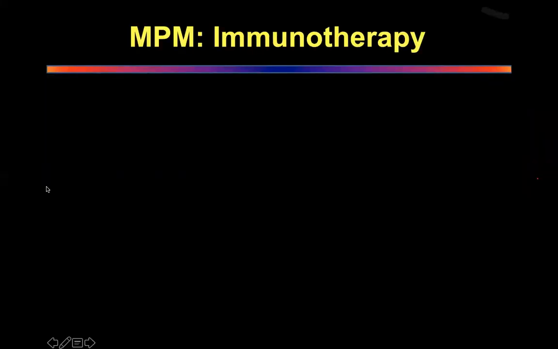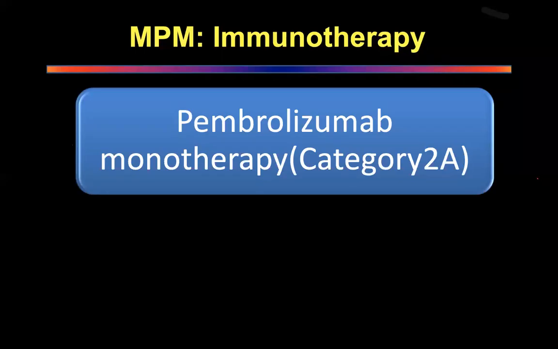Okay. All right. Now, immunotherapy. There is increased studies going on immunotherapy in mesotheliomas. It's important to understand that, at least know some names. And I'm going to throw a couple of names at you just to make it easy. I won't talk too much about the studies, but it's a category 2A evidence in immunotherapy: pembrolizumab monotherapy as a single thing.